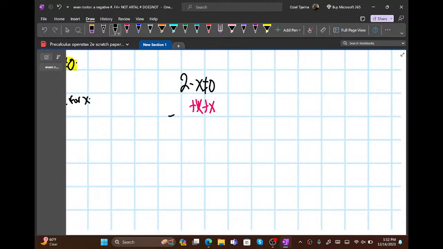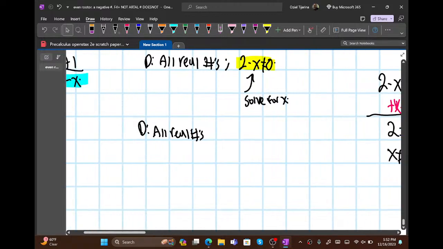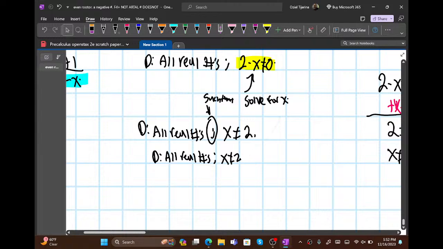I mean, it's a not equal to, but this expression would be 2 is not equal to x, or x is not equal to 2. In other words, the domain is all real numbers such that x is not equal to 2. I just circled it, but you don't have to circle it like I did. Oh god. Okay.